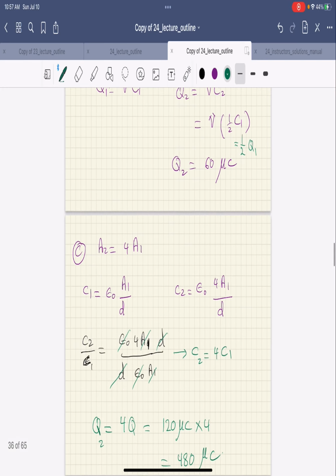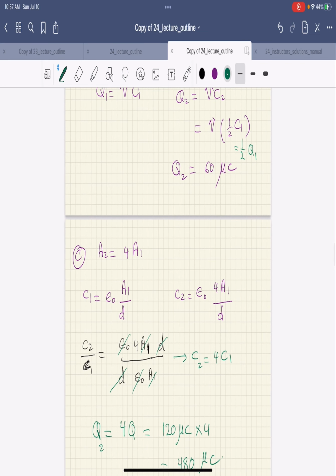Now, for the other one, it's a circular area, and therefore we know that area equals pi r squared. Then A1 was pi r1 squared, and if you are going to double r, then this is going to be 2r1 squared, and this is going to be 4A1.